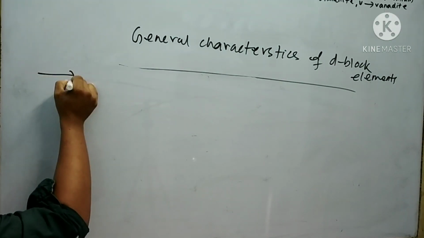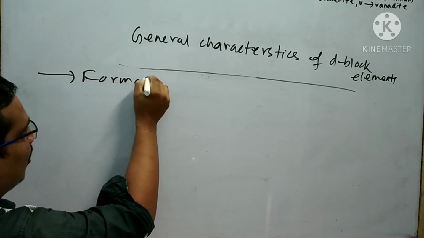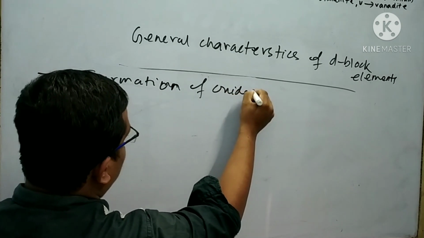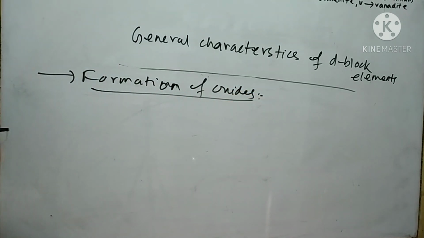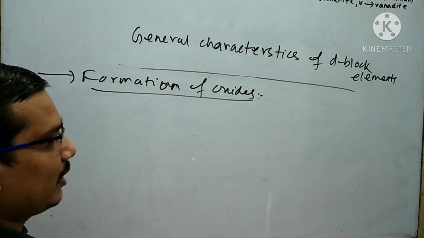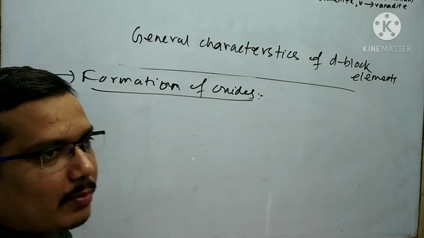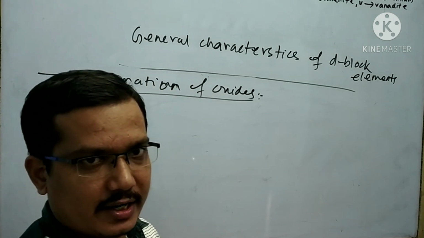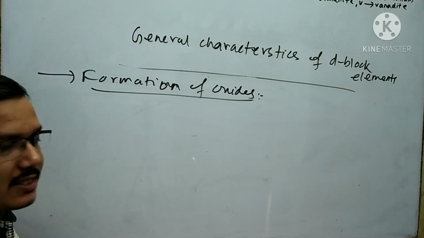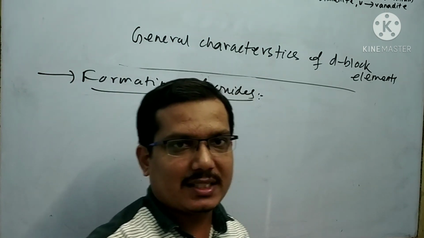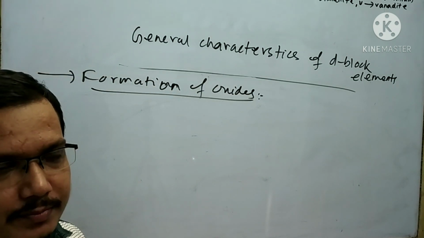Next I will explain the formation of oxides. When the transition metal is heated with oxygen, it can form different types of oxides with different oxidation states. The oxides of transition metals are generally acidic, basic, and amphoteric in nature.